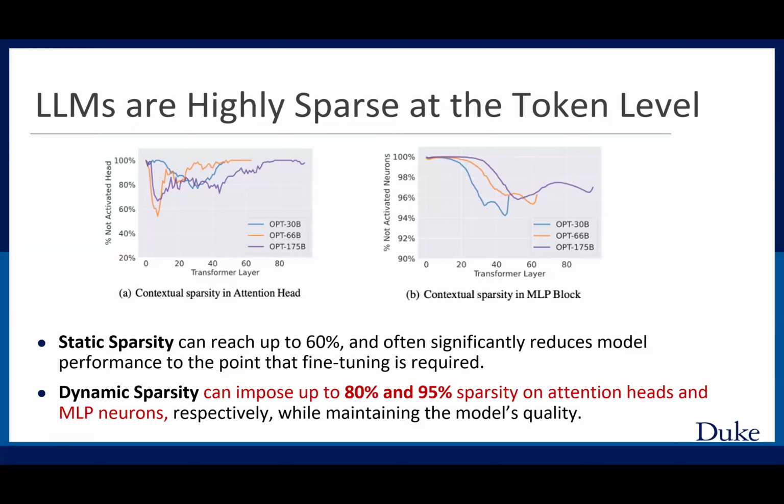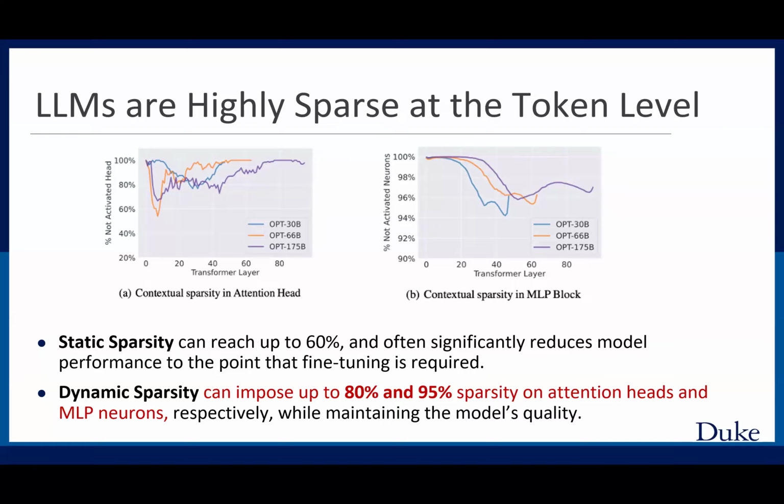One, static sparsity, basically removes a fixed set of weight parameters or connections after training. Very effective in practice, however, it's usually limited by the pruning rate before the accuracy and performance start to suffer. Dynamic sparsity actually is more powerful.